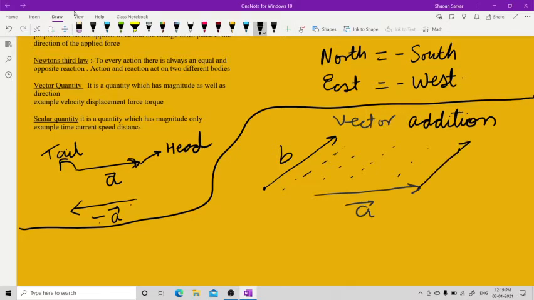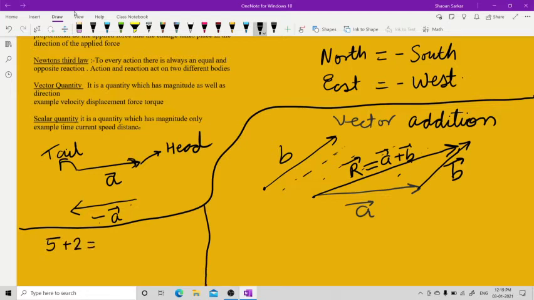This is your vector B without changing the angle. And the resultant is drawn from the tail of this vector to the head of this vector. This is the resultant. Resultant vector is A plus B vector. Remember, in small classes, you have done 5 plus 2, you have got 7.